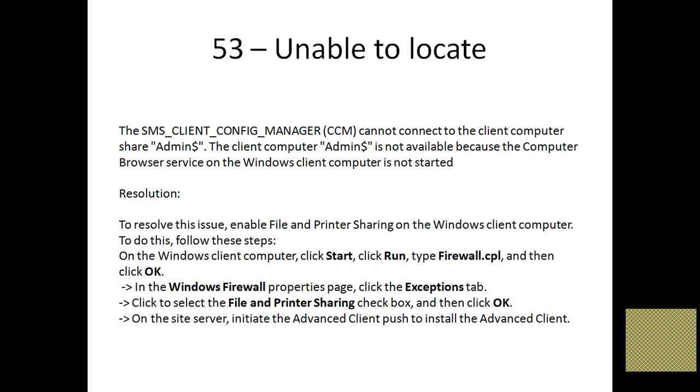So this is the other error code, unable to locate. To resolve this issue, enable file and print sharing on the Windows client computers. To do the below steps, just follow it.